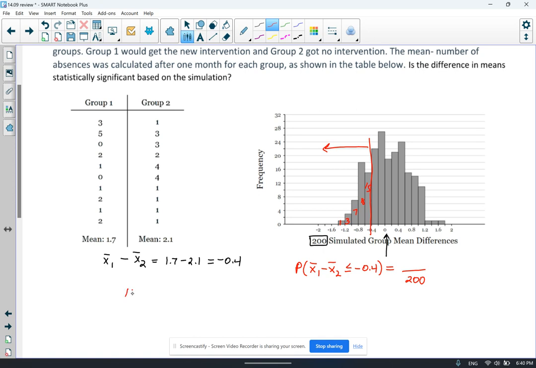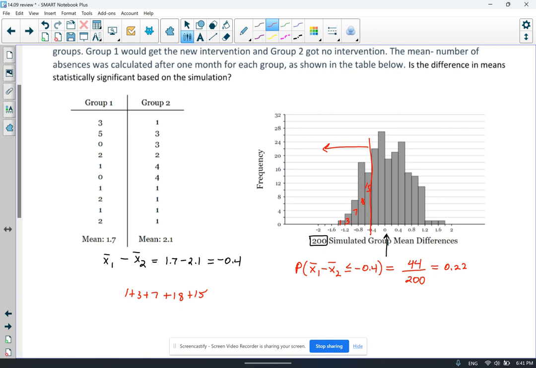So we're going to add 1 plus 3 plus 7 plus 18 plus 15. Let me take out my calculator. And I got 44. And we're going to express that as a decimal, and that becomes 0.22.